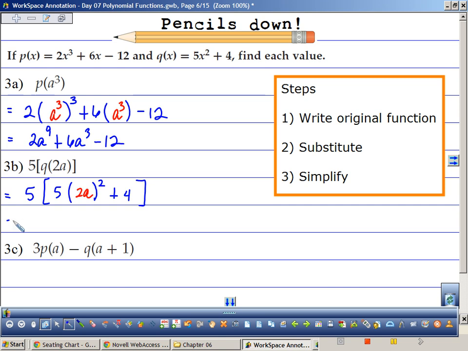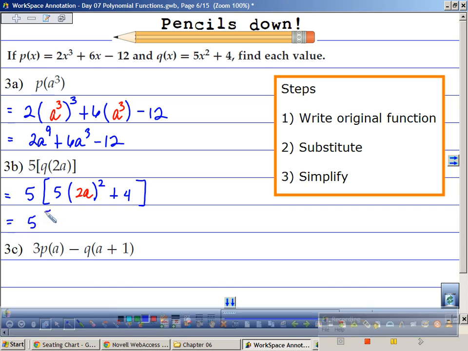So if I substitute in that quantity, I get, I'm going to go nice and slow, 5 times the quantity 2a squared, which is 4a squared, plus 4.